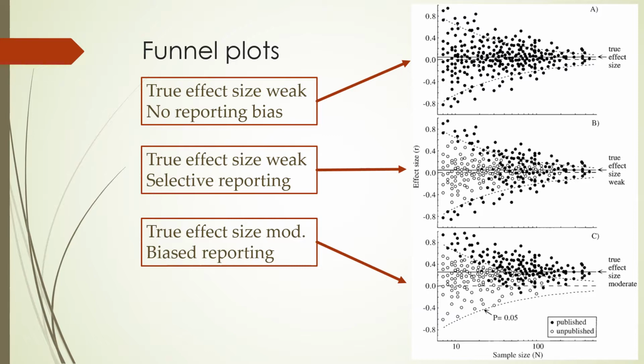And in this case, it doesn't cause any bias in your estimate of the effect size, because both positive and negative effect sizes are published. The indication of a real problem is this bottom graph here, where our true effect size might be moderate, or it might even be weak, but you get an indication of an effect size because there's a bias in the reporting.